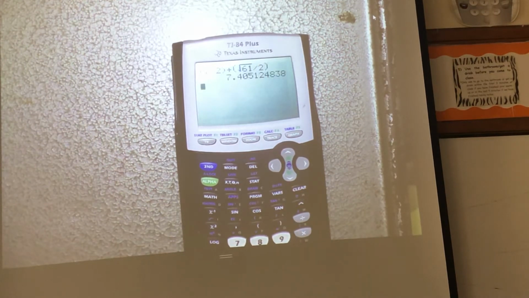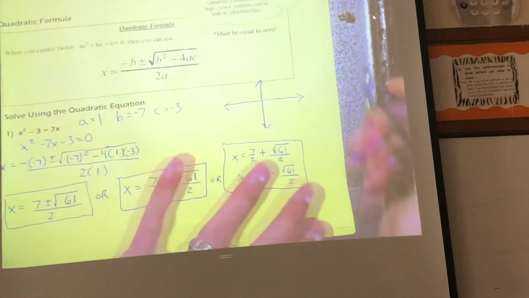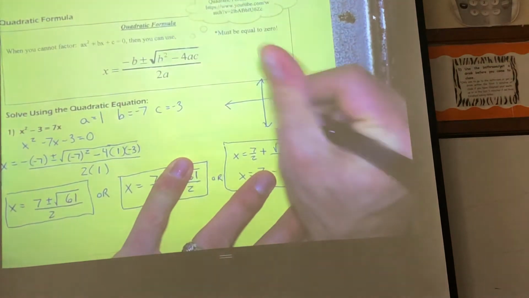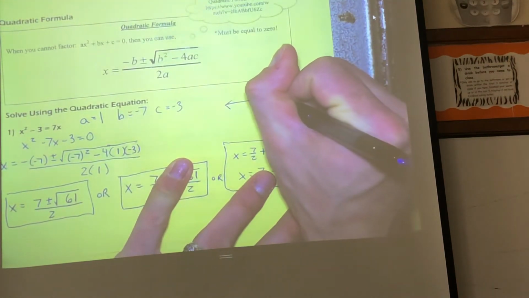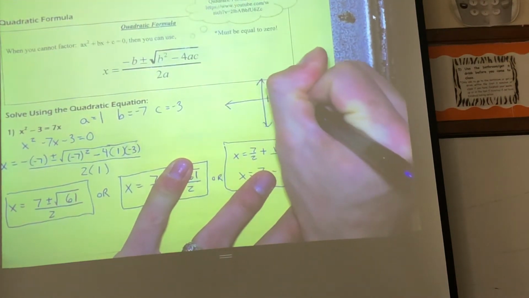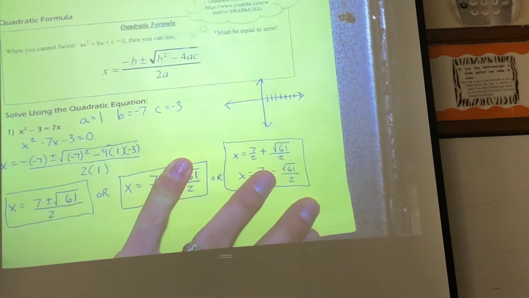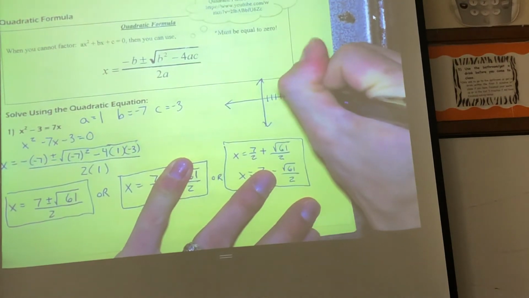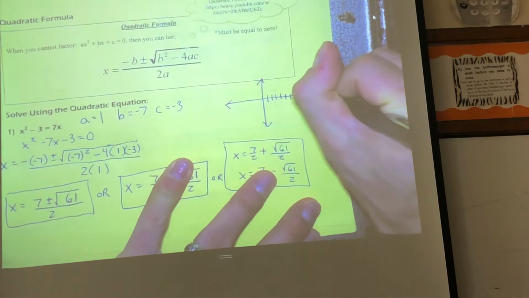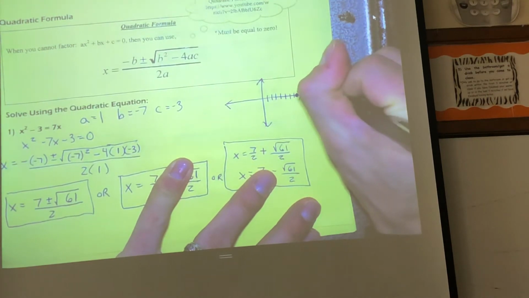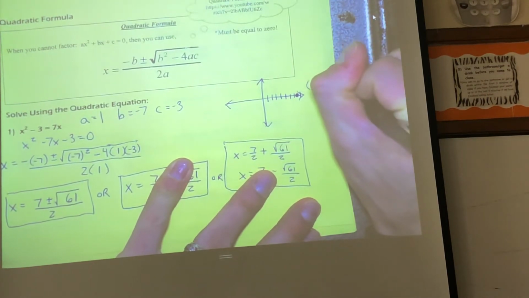I know that that would be approximately one of my roots. So on my paper, this parabola would cross somewhere between 7 and 8, somewhere here. That would be approximately 7.405, comma 0.